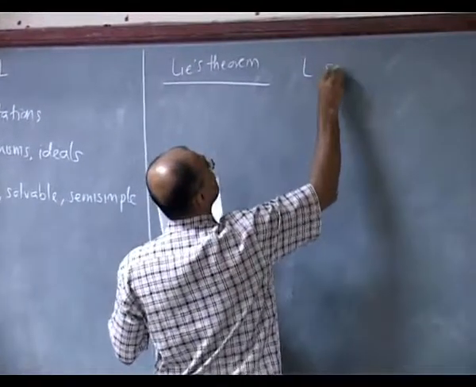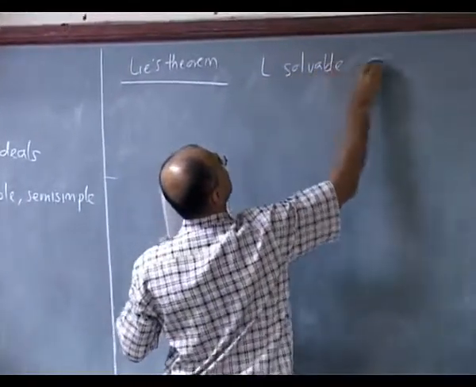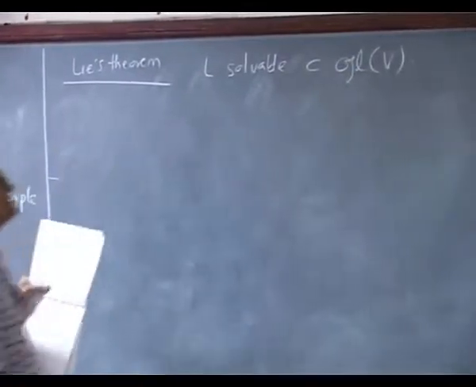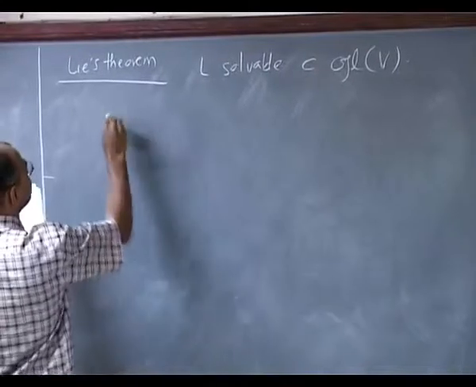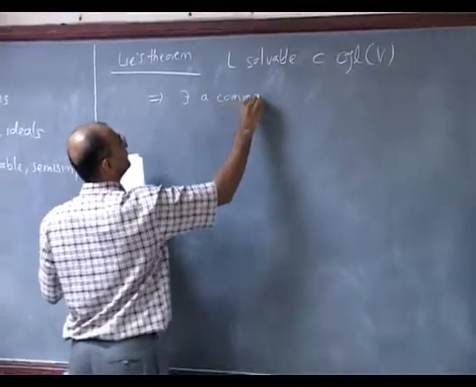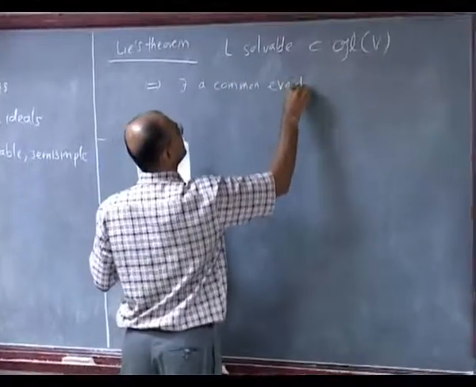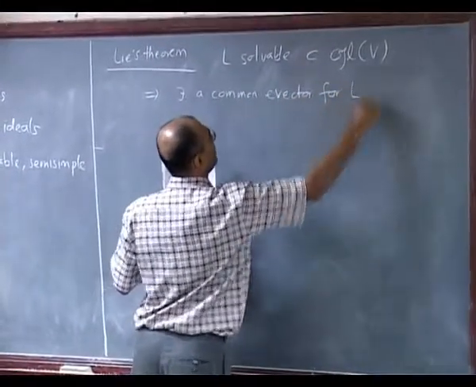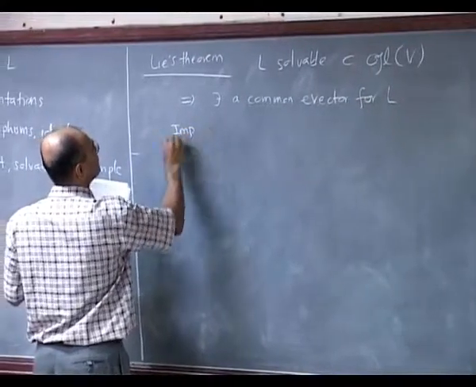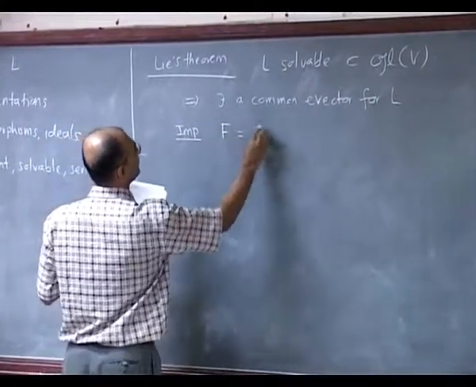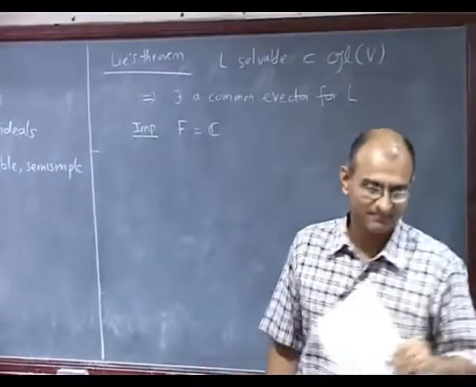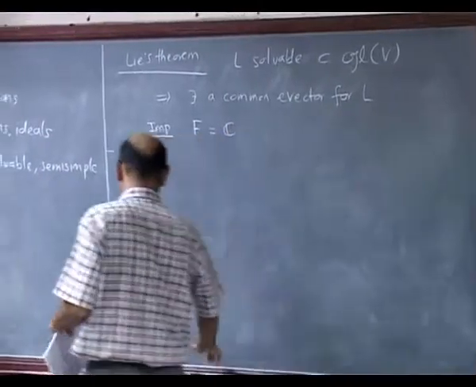L is a solvable Lie algebra in some GL(V), V a finite dimensional vector space, implies there exists a common eigenvector for L. Important to assume that F is C, algebraically closed of characteristic 0, or in short C.